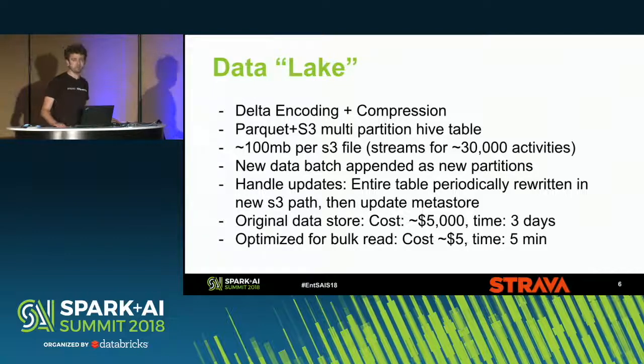And so we can read 30,000 activity streams in a single file very quickly, and this reduced the cost of a bulk read by a factor of 1,000, and that's because S3 charges per read, and so doing 10 billion reads, they charge you a lot. And a bulk read ends up being around just 10 terabytes of data reads, which with enough computers we can do really quickly and for almost no money at all.